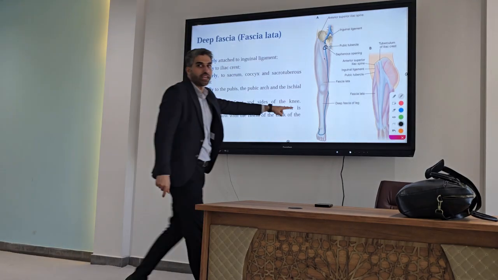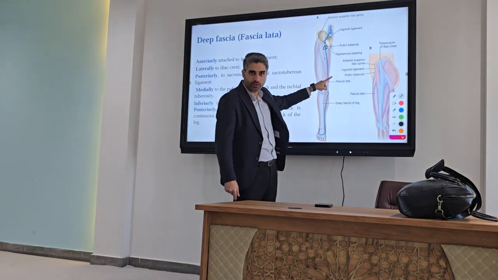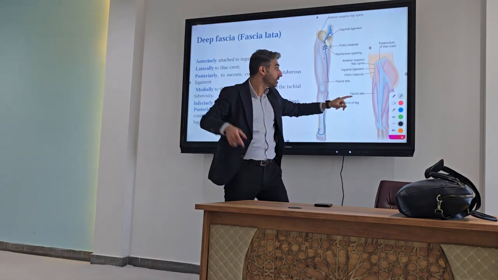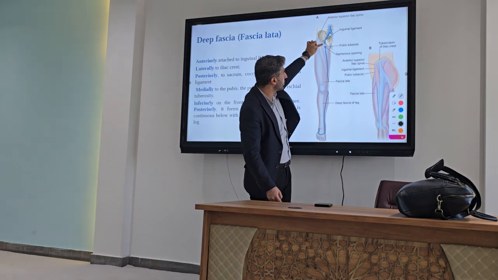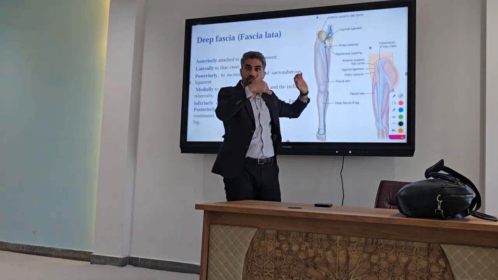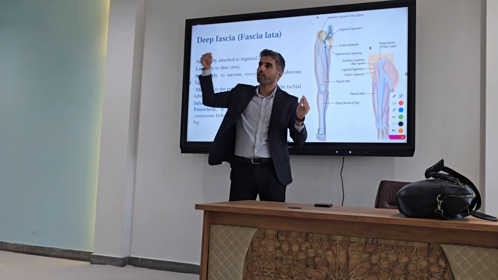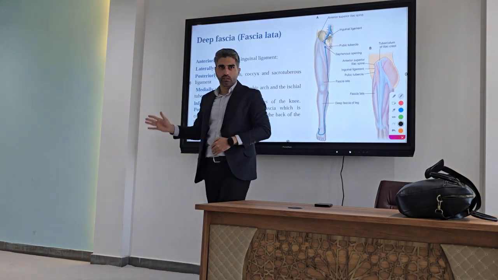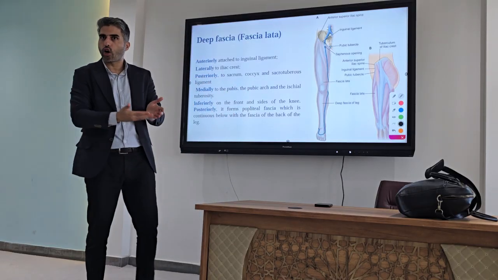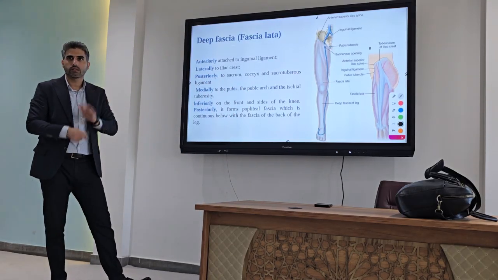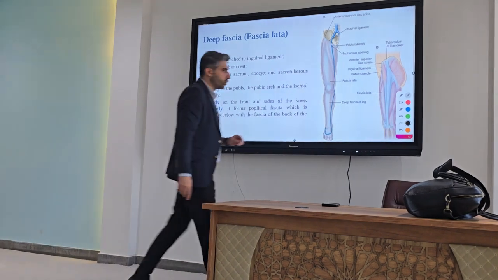The great saphenous vein, and it attaches to the deep vein. Look at that vein here, very deep inside. So finally, all of the superficial veins finish in the deep vein, because they want to go to the heart. So they should finish in the deep vein. Okay? So this is the first point you should know.